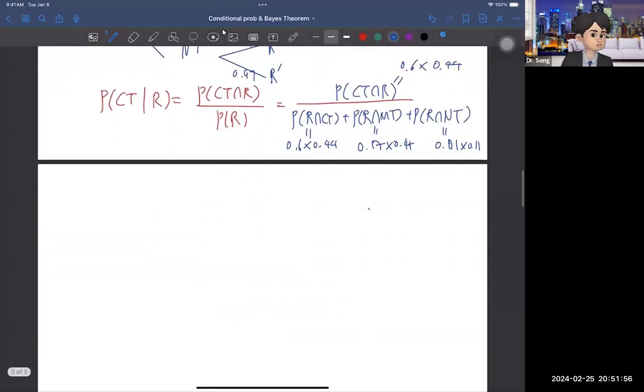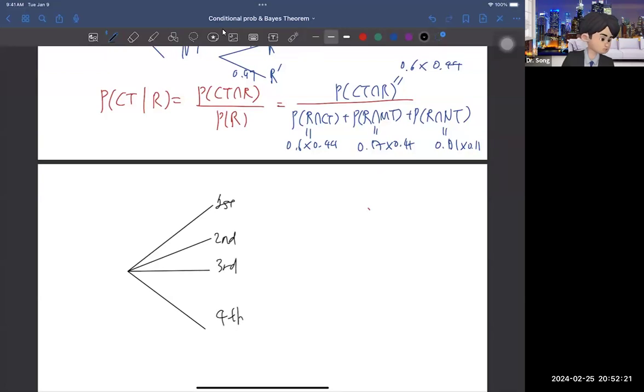So for example, you can have different types of examples like this. Let's say you met someone and then he or she said that they have an internship experience, but you want to know whether he or she is a first year student, sophomore, junior, or senior. So there are four different students: first year, second year, third year, and fourth year.